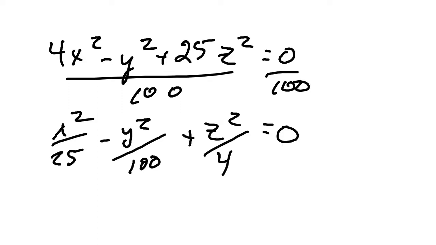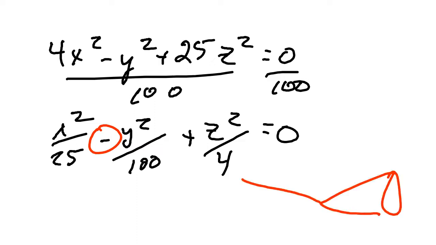So once again, this is going to be a cone, a double cone, an elliptic cone, and instead of the minus sign being on the z term, it's on the y term. So long story short, my cones are going to go along the y-axis, just so you know.